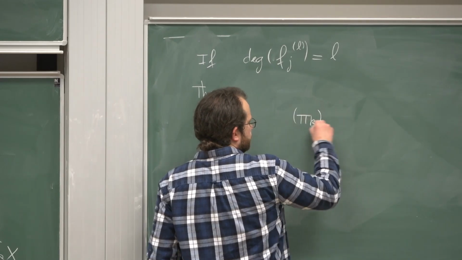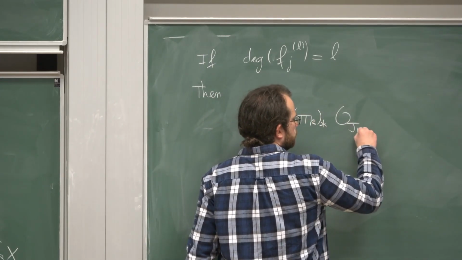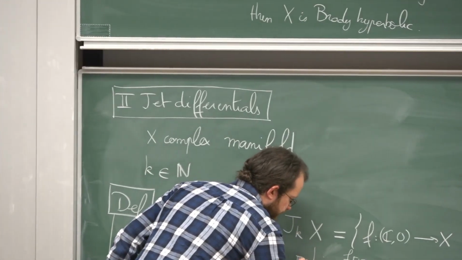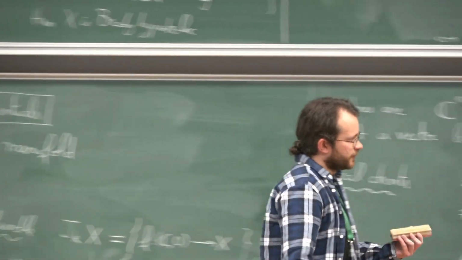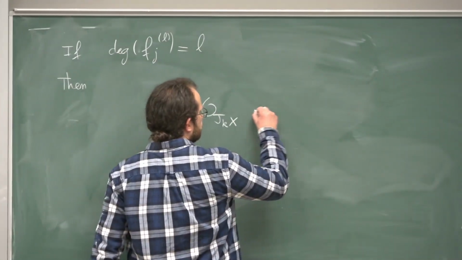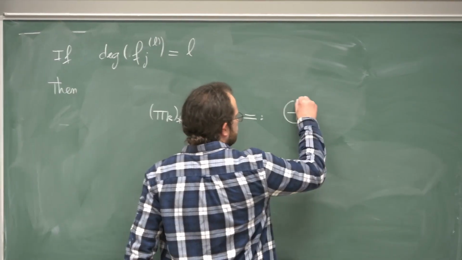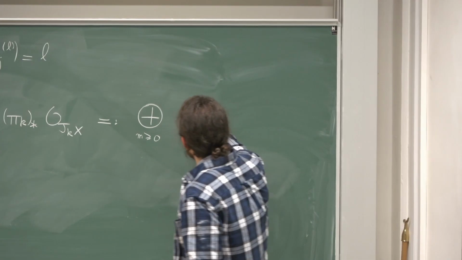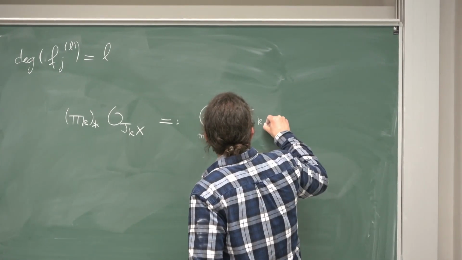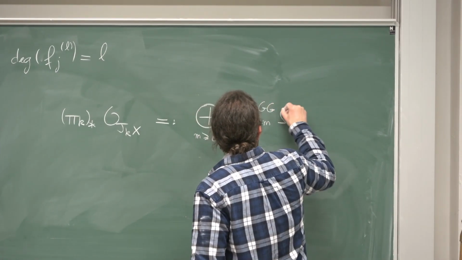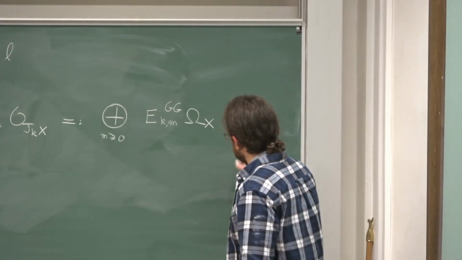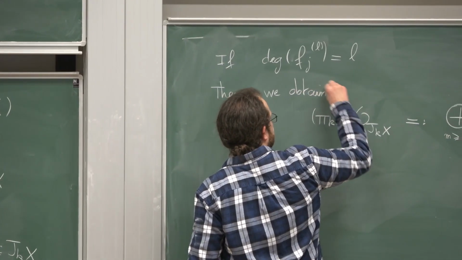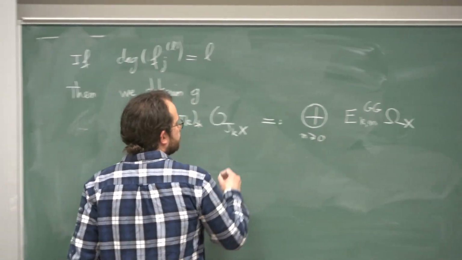If you push forward by the projection map p_k its structural sheaf, then you get a graded algebra, a sum on the degree, and each term of this graded algebra we usually write that way, where each of these terms is a vector bundle on X.